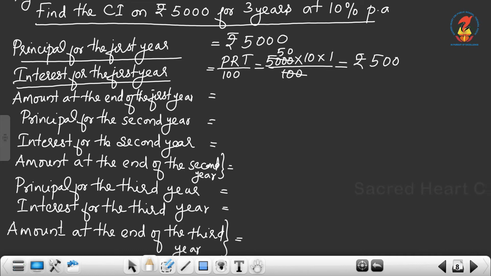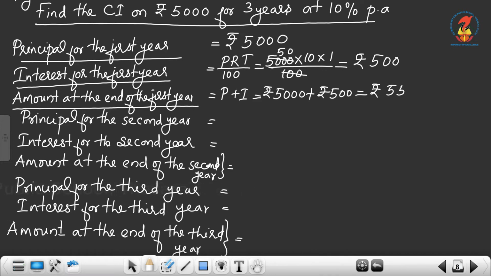Then in the compound interest calculation, we have to find out the amount at the end of the first year. How can you find out the amount? Amount means principal plus interest. The principal for the first year is rupees 5,000 plus rupees 500, so we will get rupees 5,500 as the amount at the end of the first year.